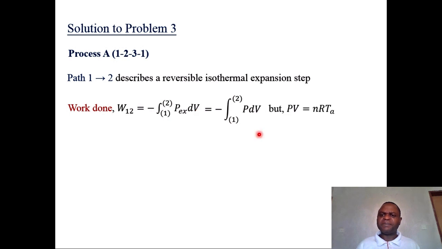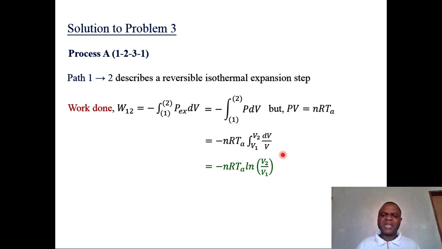But we know that PV equals nRT, where T is the isothermal temperature Ta. So we can get the expression for P, which is P equals nRT over V, and we substitute it to get minus nRTa integral from V1 to V2 of dV over V. We can integrate dV over V from V1 to V2, which equals ln of V2 over V1.